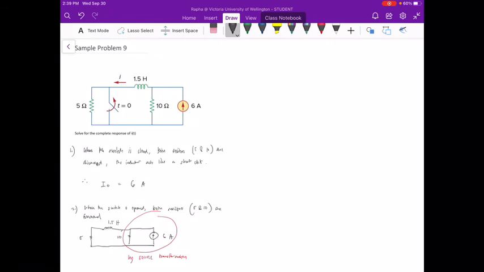So this diagram will become, redrawing it again, we have 1.5 henries, then the 10 ohm resistor becomes in series.